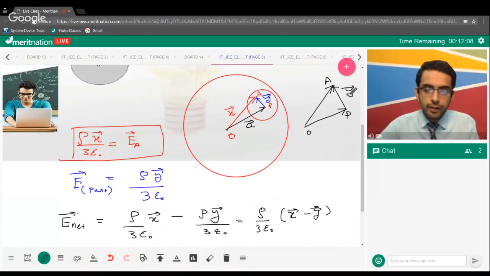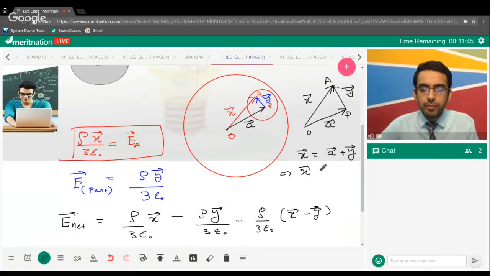From this diagram, you can easily see, by the triangle law, that x vector is equal to A vector plus y vector. So this implies x vector minus y vector is equal to A vector.